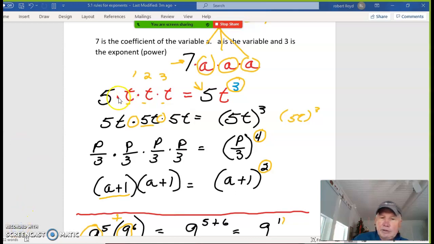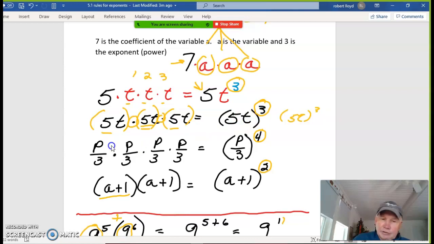The multiplication sign here was just between the t's, but now it's between 5 t's. And there are 3 of them all multiplied together. So it's the quantity 5t to the third power.